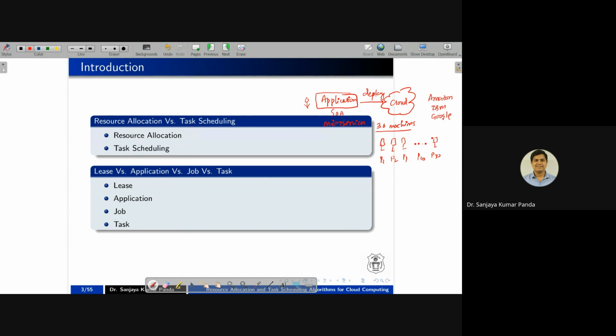So resource allocation is to provide whatever resources are required by the client, if the provider is willing to provide them. But once you get your resources, the order in which you are going to process the tasks is what task scheduling focuses on.